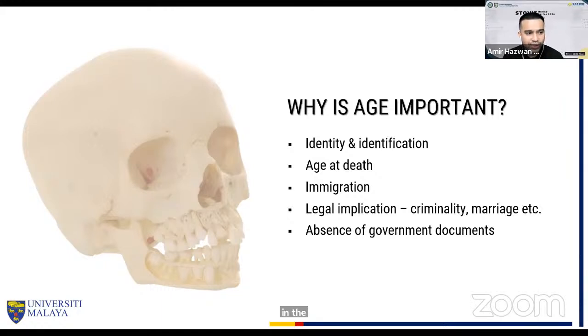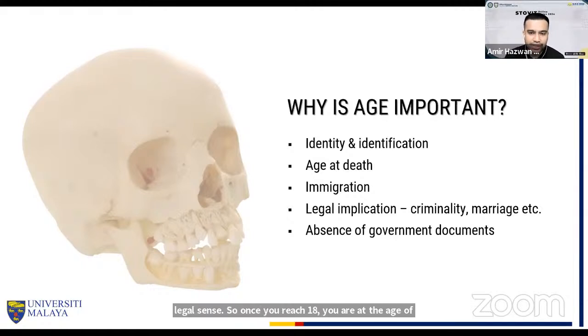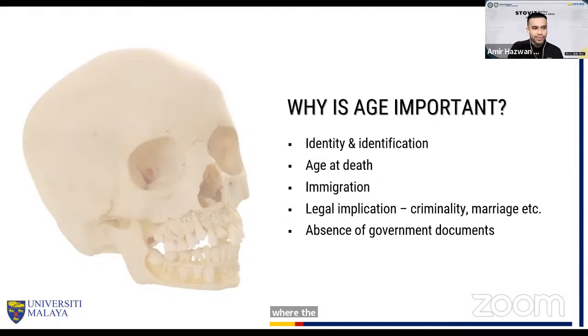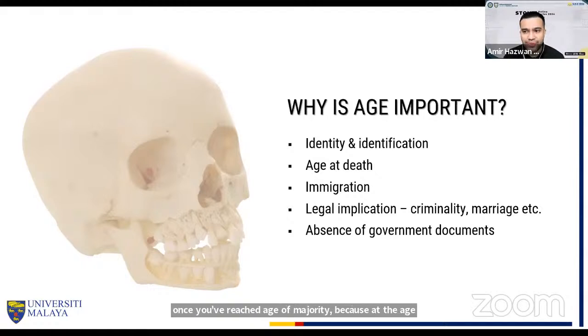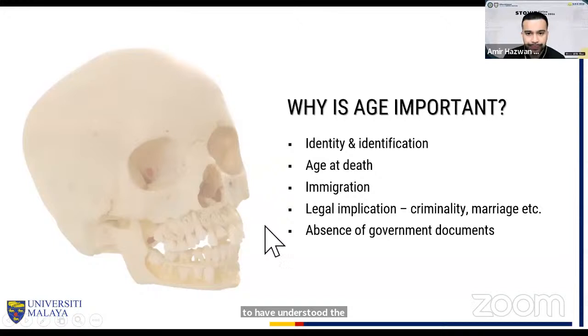So once you reach 18, you are at the age of majority, and below that you are at the age of minority, where if you perform a certain criminal act, maybe the repercussions are not as heavy as once you've reached the age of majority, because at the age of majority, you are assumed to have understood the culpability of your actions.